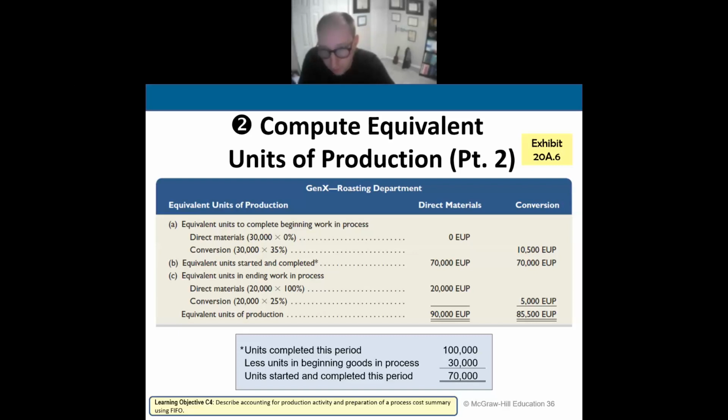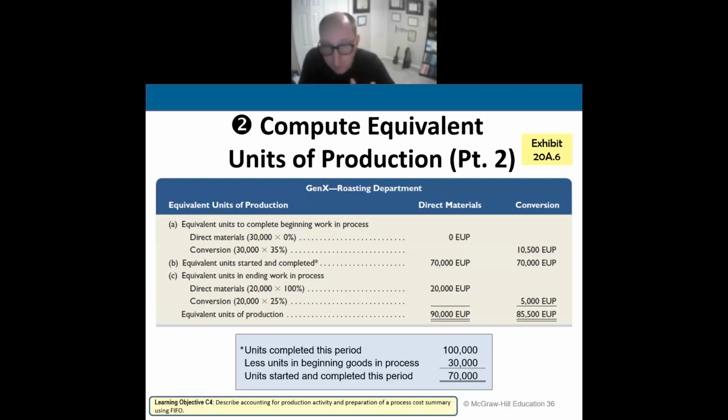Equivalent units started and completed during the month. Of the 100,000, we completed 100,000. We began with 30,000 units, so 100,000 minus the 30,000 gives us 70,000 equivalent units of production.